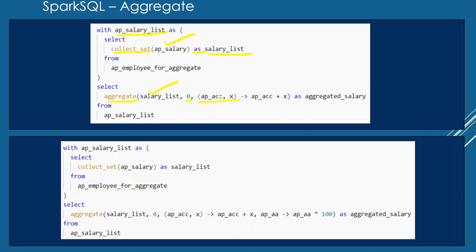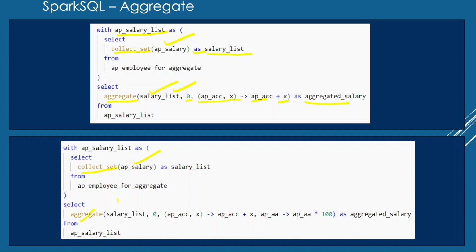The lambda function is going to add each and every value present in this list column, and it will give you a single result in the form of aggregated salary. We are doing the same thing here. We are creating a column of the list type by taking all the values of AP salary with the help of the collect_set function.